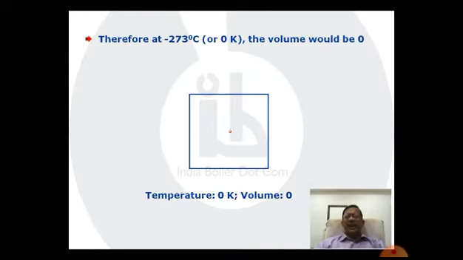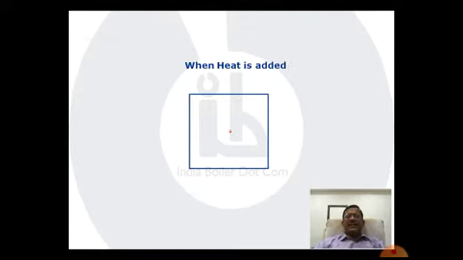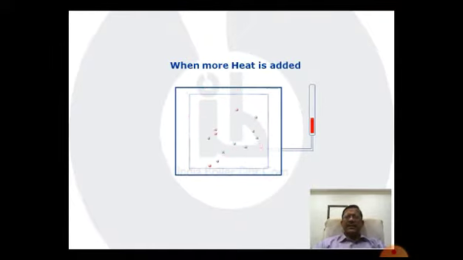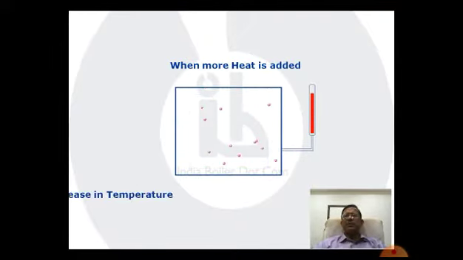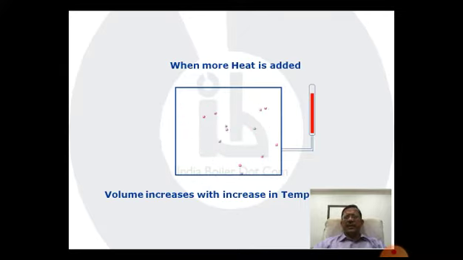We find that for every matter at this temperature, the volume comes to 0. Now what happens is, when we add heat, these molecules, the particles, start moving. They get the kinetic energy, and this kinetic energy is represented in terms of temperature.